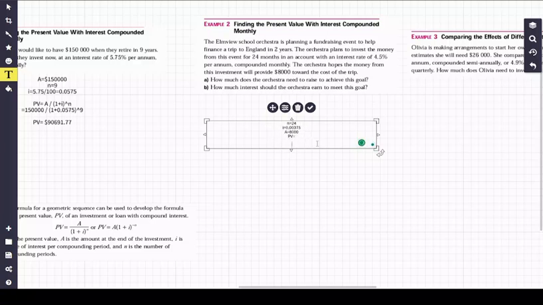So PV equals A over 1 plus i to the power of n. It's going to give you 1 plus i to the power of 24, and $8,000 over that tiny number, which is going to give you $7,312.68.